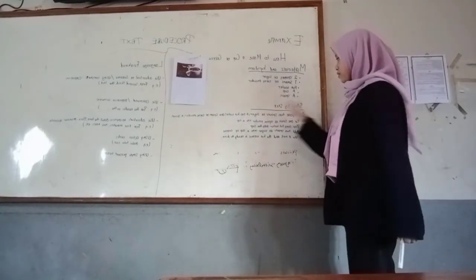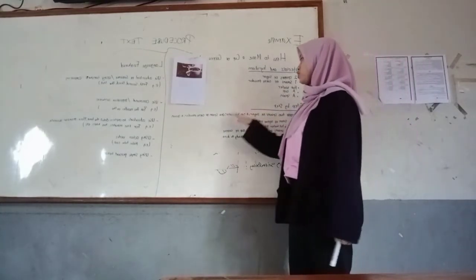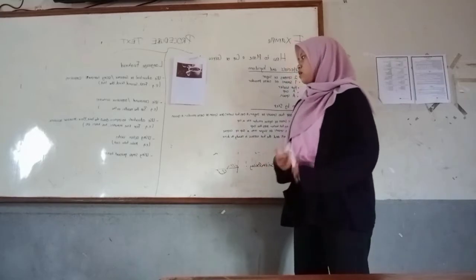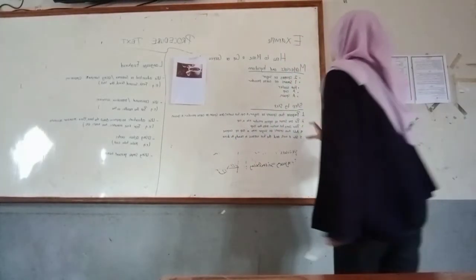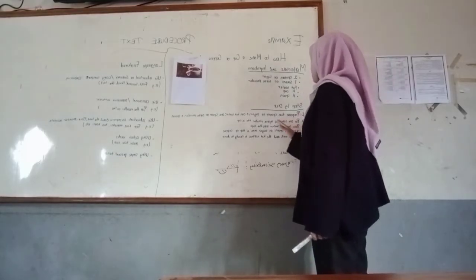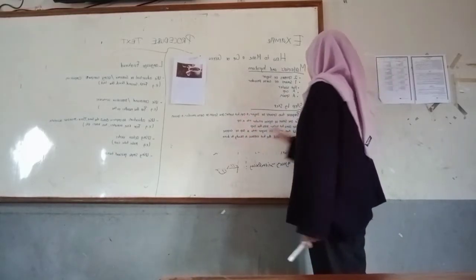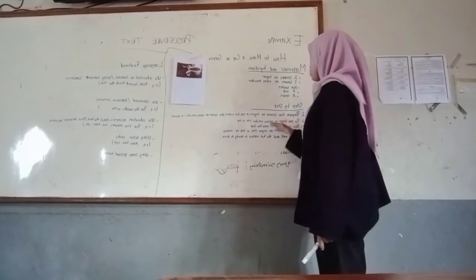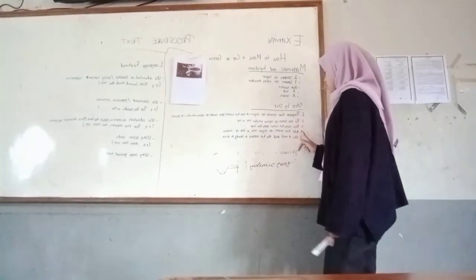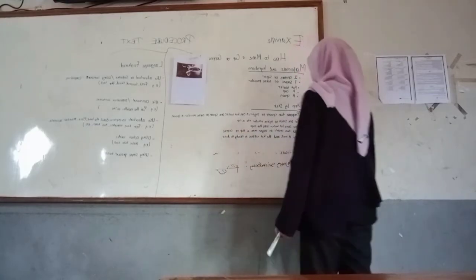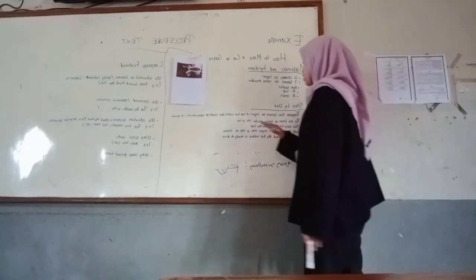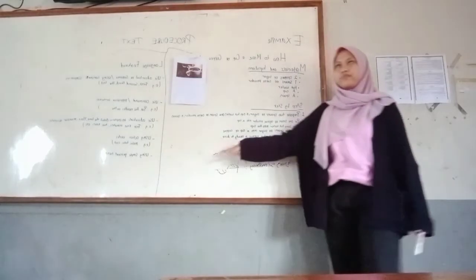And step by step, the first is prepare 2 spoons of sugar, a cup, hot water, 1 spoon of coffee powder, and a spoon. The second is put 1 spoon of coffee powder into a cup. The third is pour some hot water into the cup. The fourth is add 2 spoons of sugar into the cup of coffee. And the last is stir it well, and the hot coffee is ready to serve.